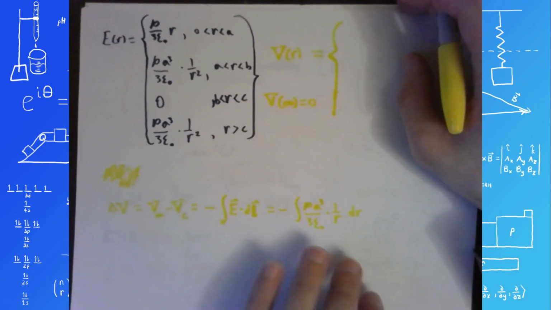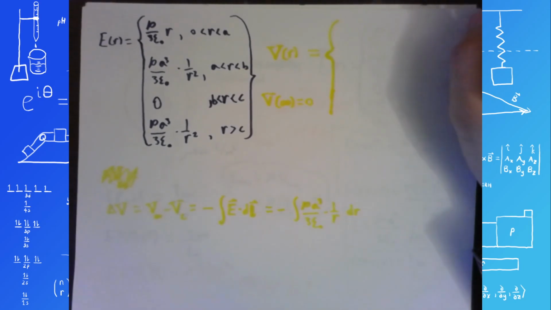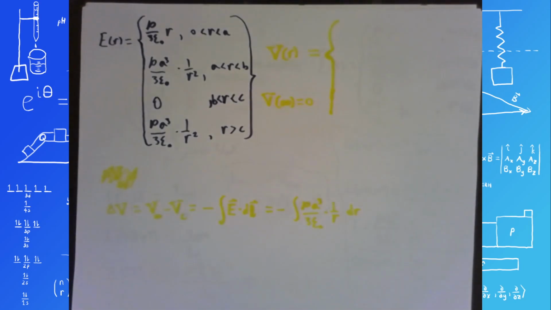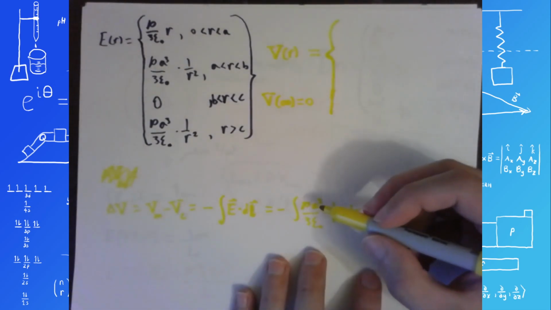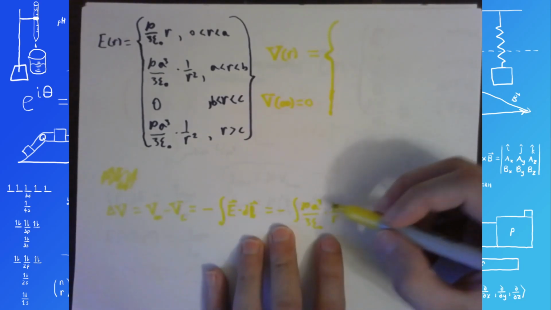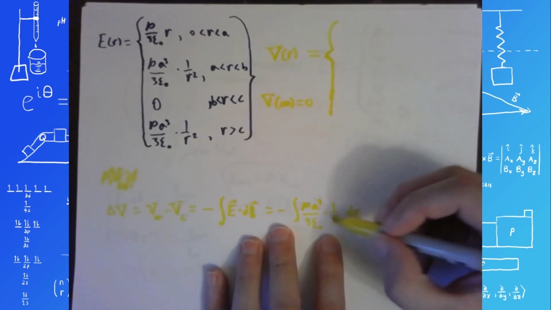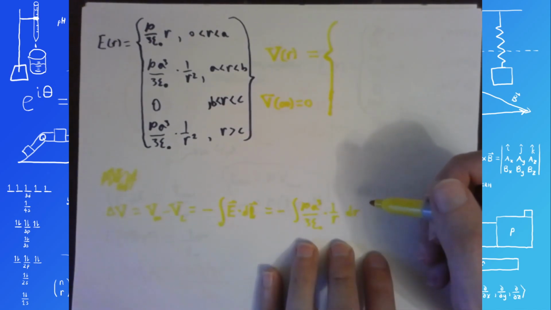Okay, yeah. Because I know what signs I should be expecting, that's what tipped me off that something was wrong with the negative that I introduced earlier. So we don't actually get a negative from this dot product, we just get a positive 1.